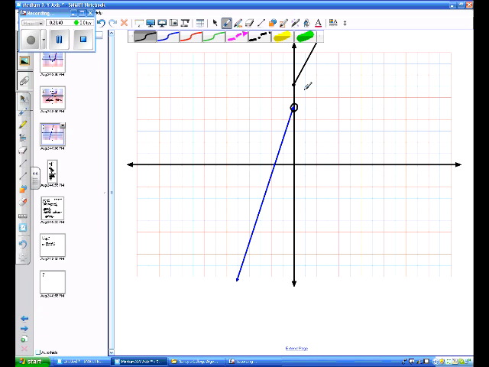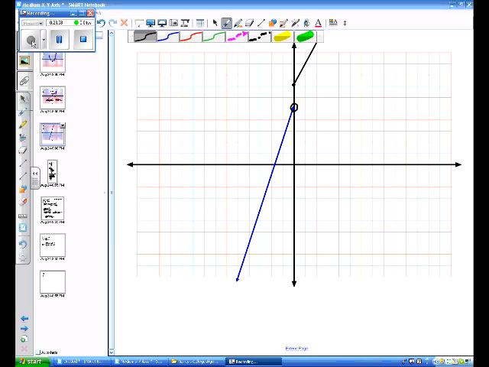Then our other function was 4x plus 7. So that meant that our y-intercept was 7, and we went up at a rate of up 4 to the right 1. I've got that one off just a little bit. It should just be to the right 1 here. So let me go back and correct that.